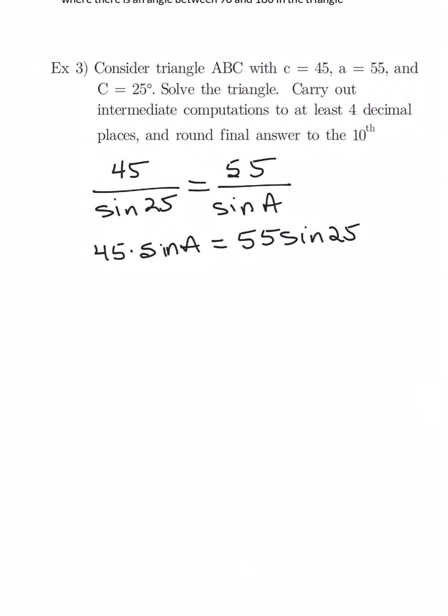Our variable is angle A, so we need to get that by itself. We're going to divide both sides by 45, so we have the sine of angle A equals 55 times the sine of 25 over 45.